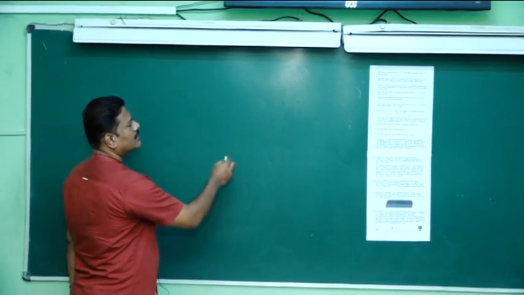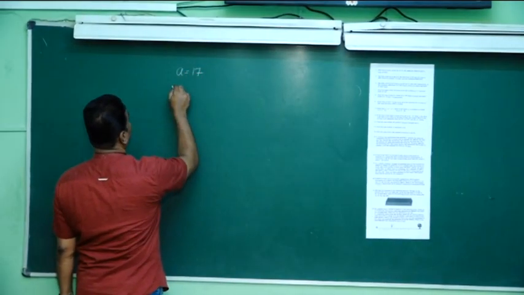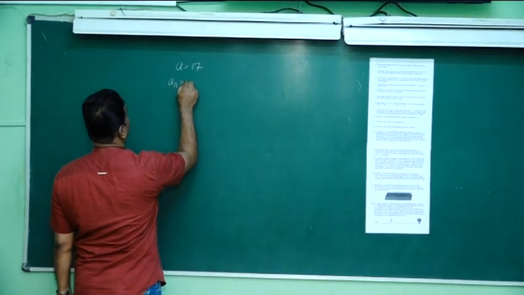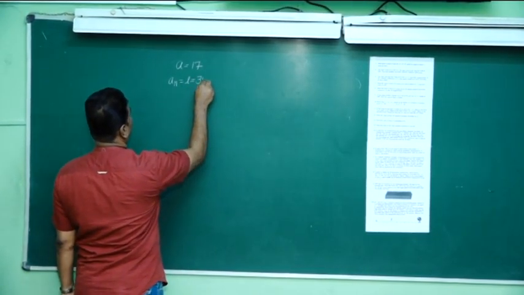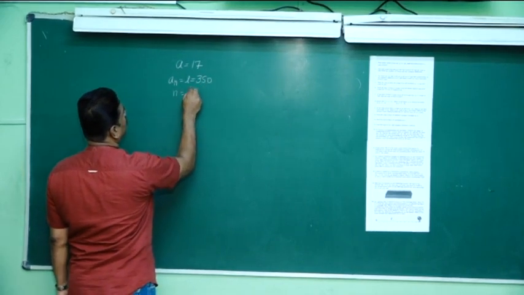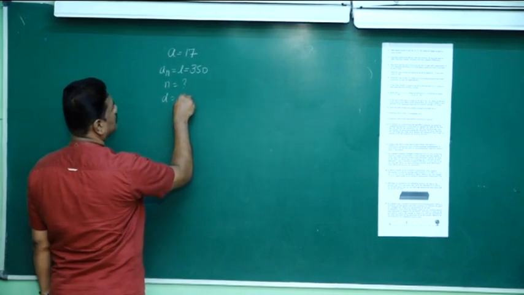Okay, what is given? I list down now. First term is given, a is 17. Last term an, or it can also be called l, it is given 350. Then n we don't know. Then common difference is given, 9.